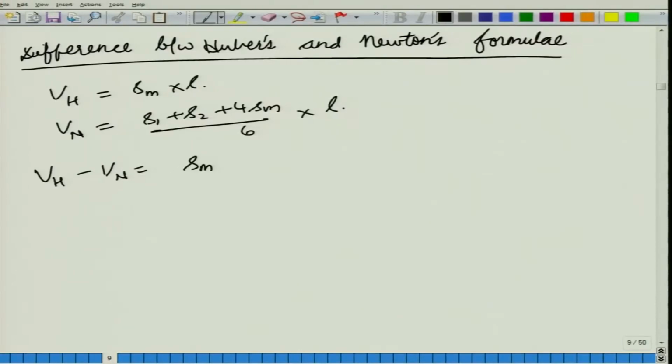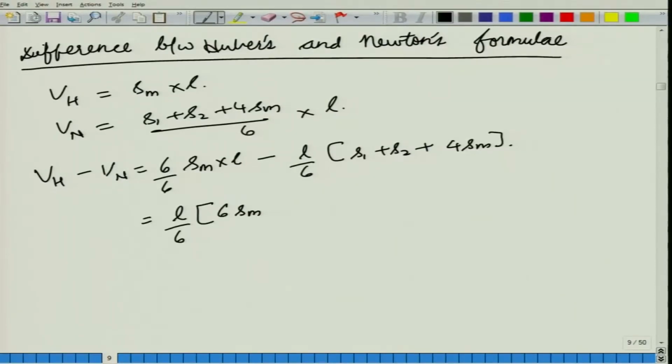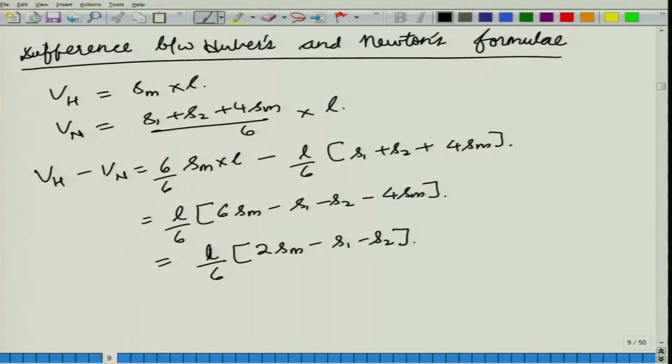We get Sm into L minus L by 6 (S1 plus S2 plus 4 times Sm). So, multiplying it by 6 by 6 and taking L by 6 common, we get 6 times Sm minus S1 minus S2 minus 4 times Sm, which is equal to L by 6 (twice of Sm minus S1 minus S2), or we can write it as minus L by 6 (S1 plus S2 minus twice of Sm).